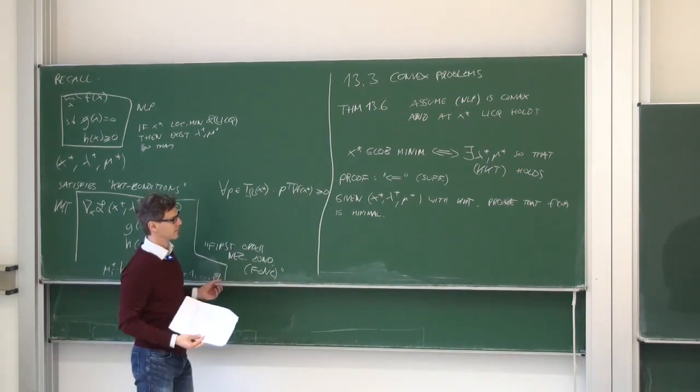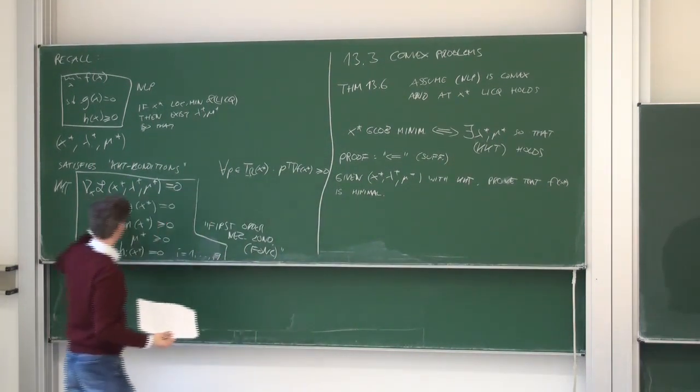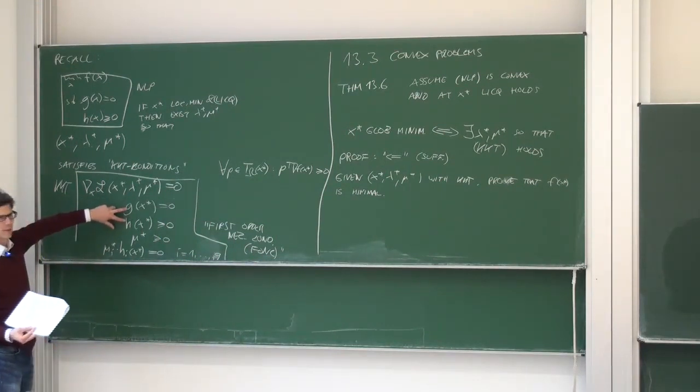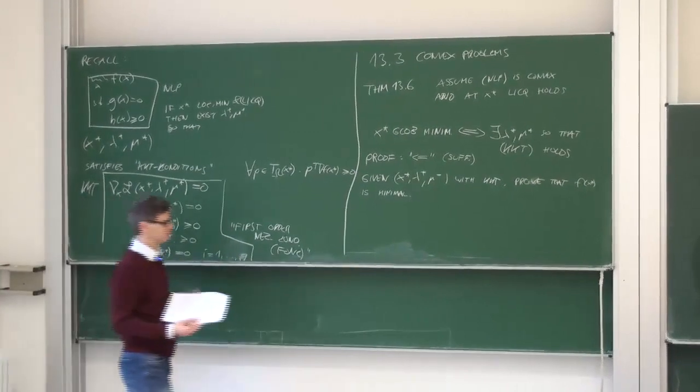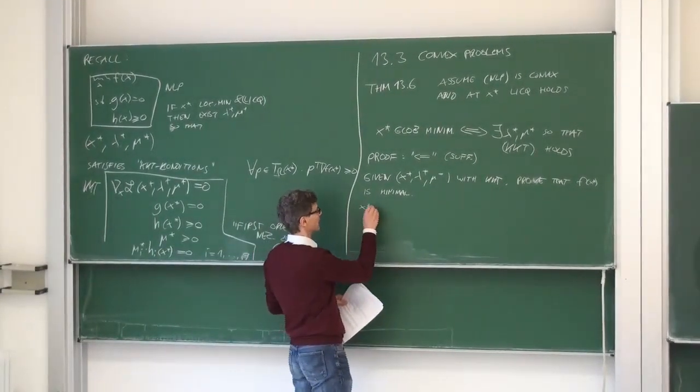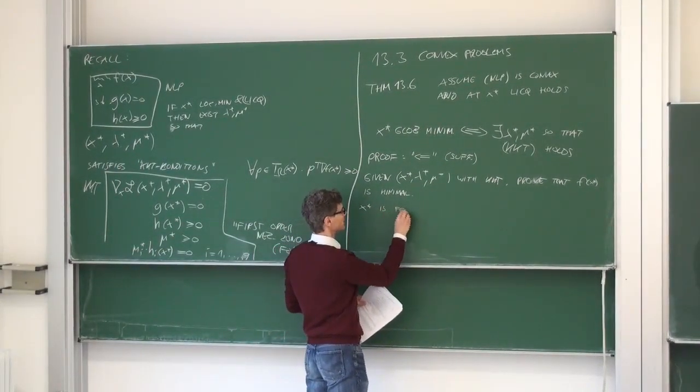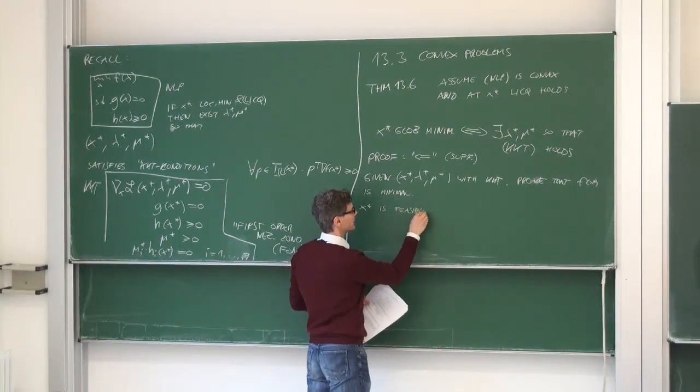So the interesting first thing is that because these two conditions are part of the KKT conditions, X star is feasible. Yeah? X star is feasible, so in that sense we have already a feasible point.